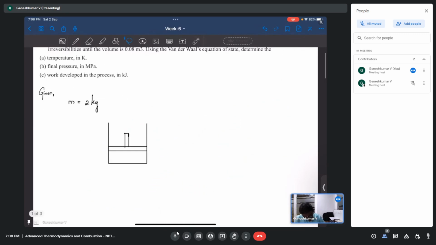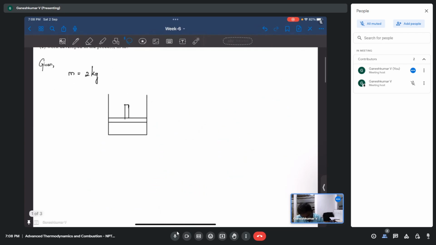This is state 1. It is expanding. This is state 2.